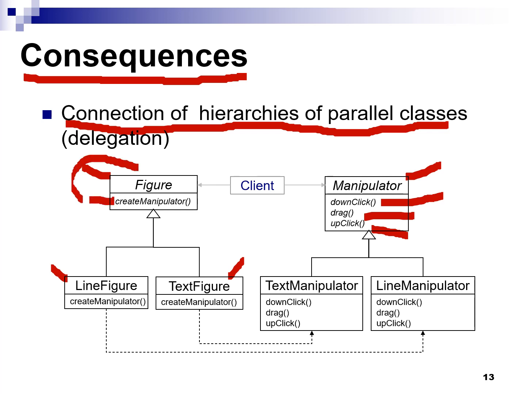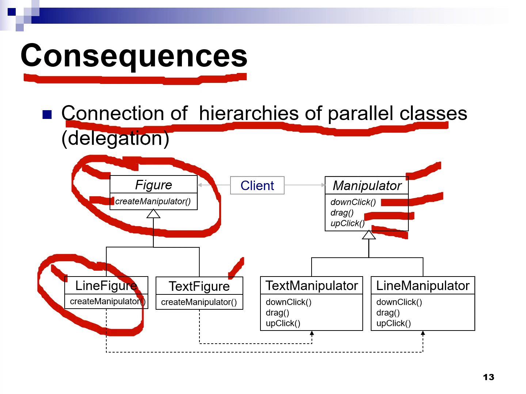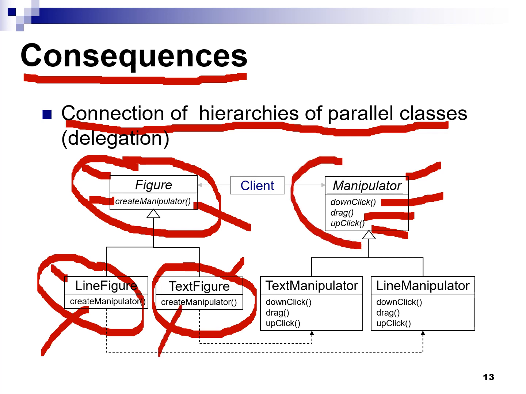So this is an application of the factory method, where this is the creator and these are two concrete creator classes, right? So that's the factory method, create manipulator, that is overridden in line figure and in text figure. And here we have a product, which is the manipulator, and two concrete products, which is the text manipulator and the line manipulator.